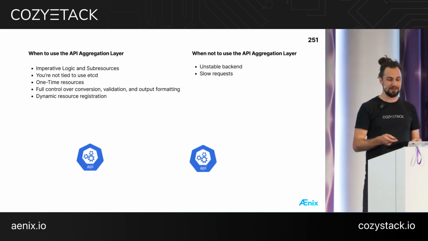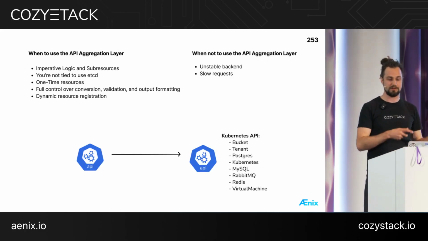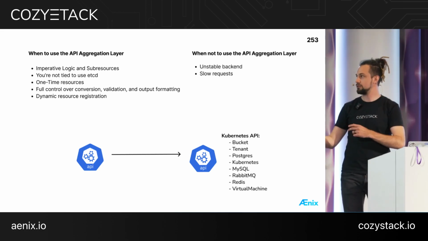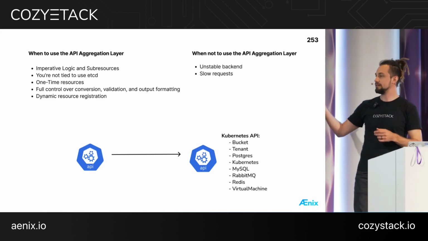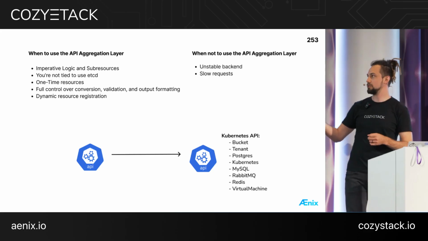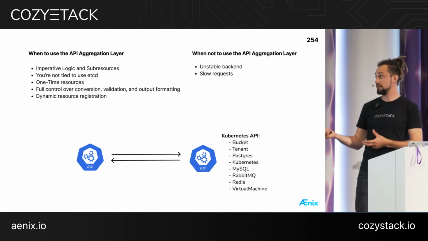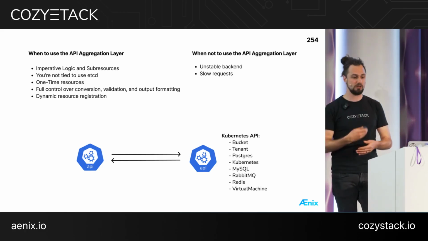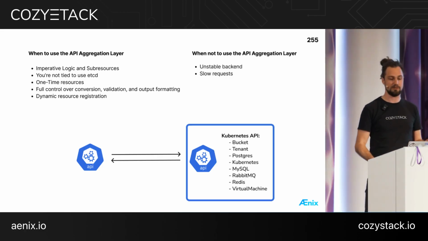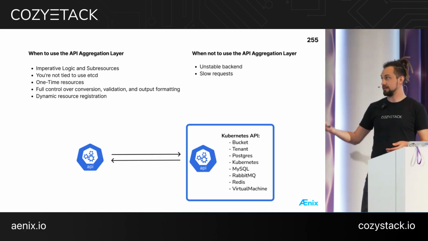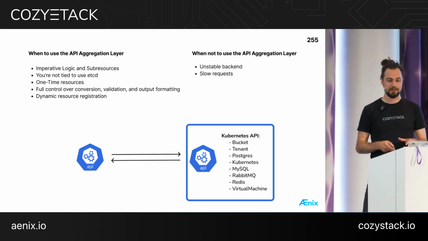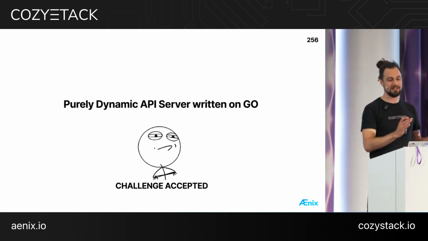That means that when you create requests to your API server, it can provide you dynamically generated resource type objects, and then you can start working with them immediately. So you don't have to recompile your API server to add other kinds. So, a purely dynamic API server written in Go, challenge accepted.